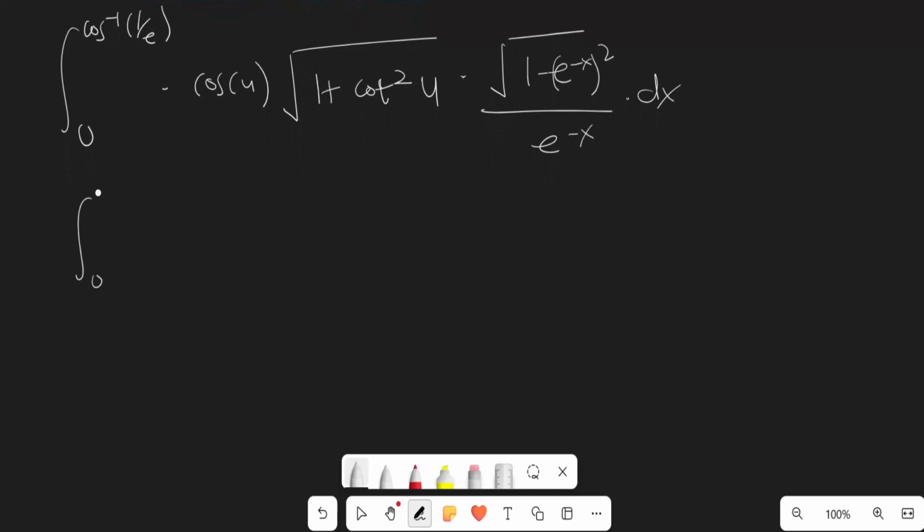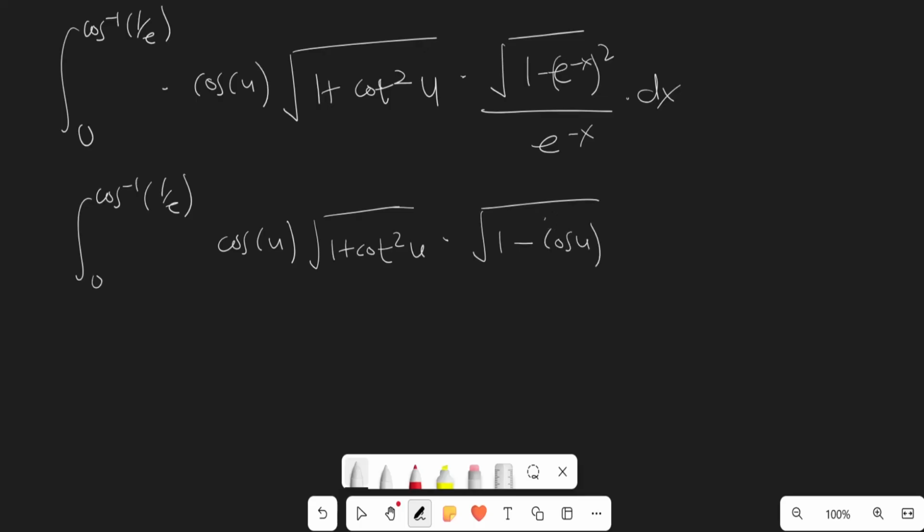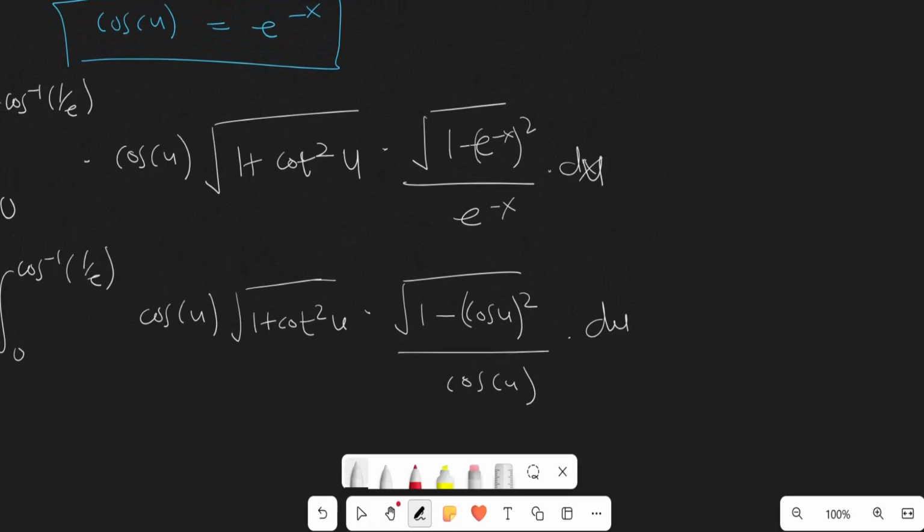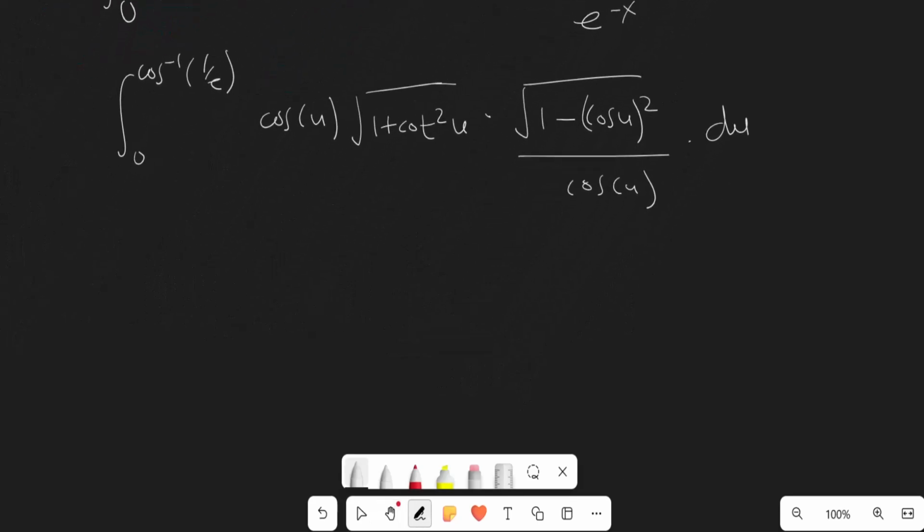So our integral from 0 to cosine inverse of 1 over e of cosine of u, the square root of 1 plus cotangent square u, times the square root of 1 minus cosine u squared all over cosine u du.